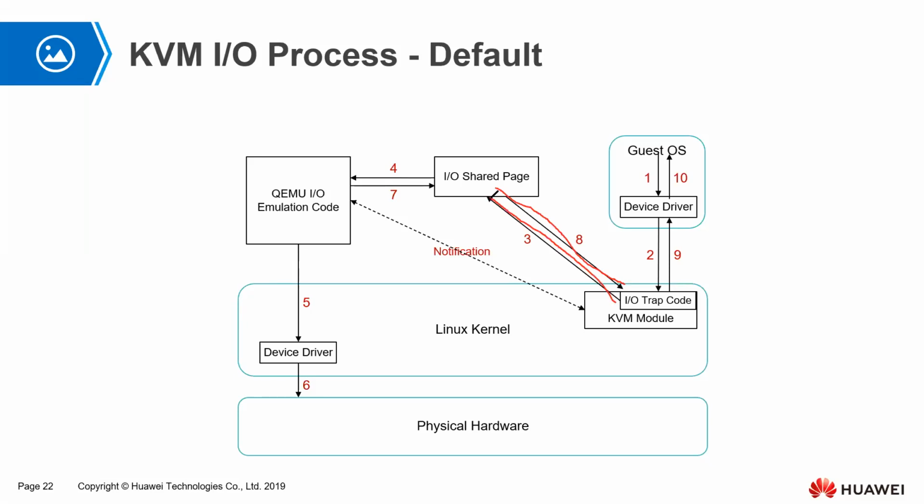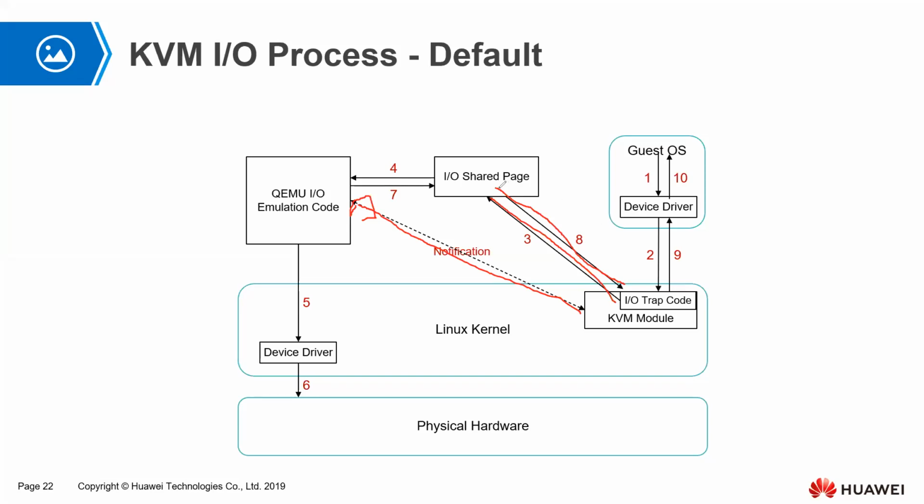After putting it in the shared page, the KVM module notifies the QEMU input output emulation code to obtain the information about the input or output request that I have put in the shared page.